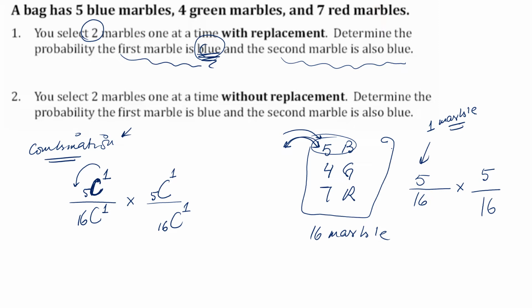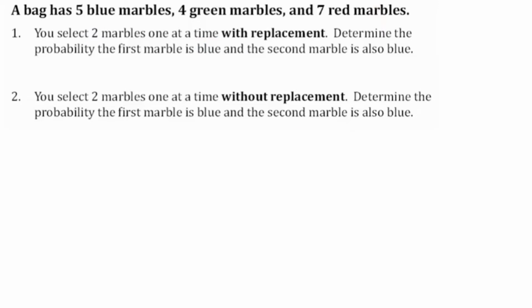So this is the way you will solve the first question. If you go by the fundamental counting principle, it will make your life easier, but if you are using the combination approach, then you have to understand this. Now question number 2 says you select two marbles one at a time. One at a time means first choose the first marble, then do not replace it: without replacement.